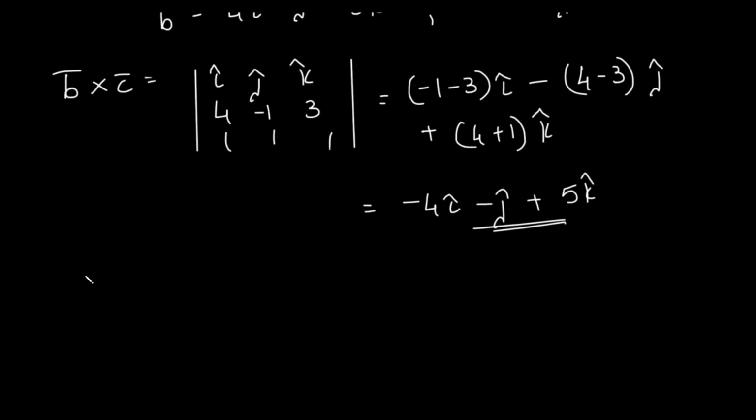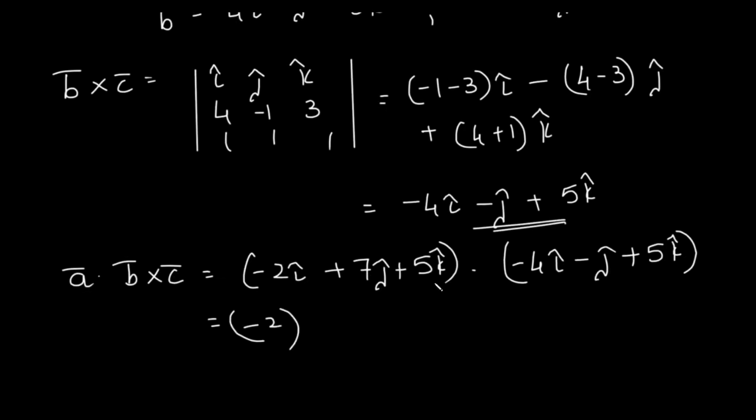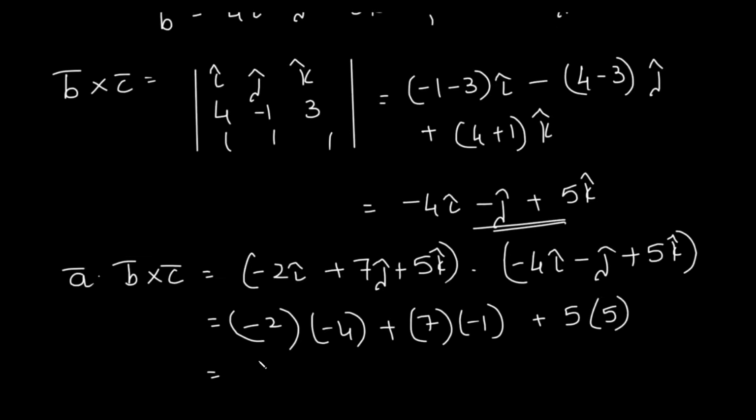So A dot B cross C is minus 2i plus 7j plus 5k dot B cross C. This becomes minus 2 into minus 4 plus 7 into minus 1 plus 5 into 5, which becomes 8 minus 7 plus 25, which is 26.